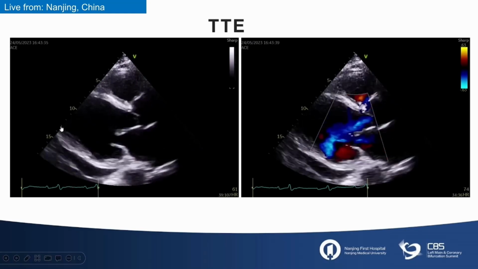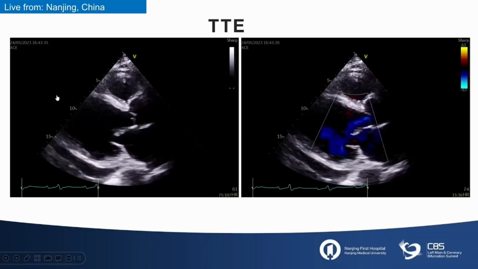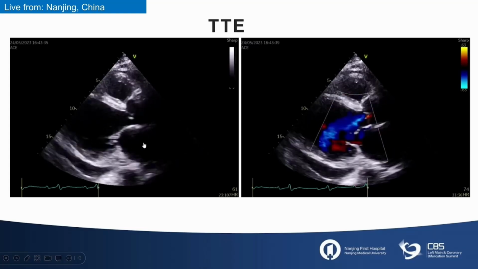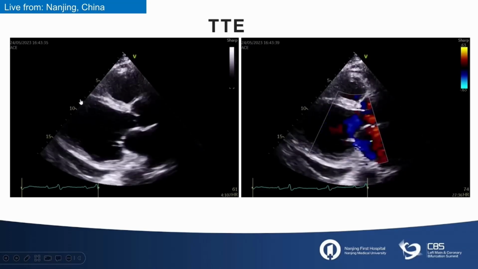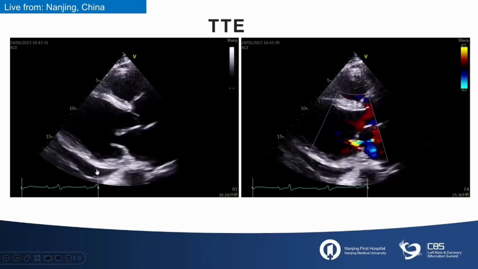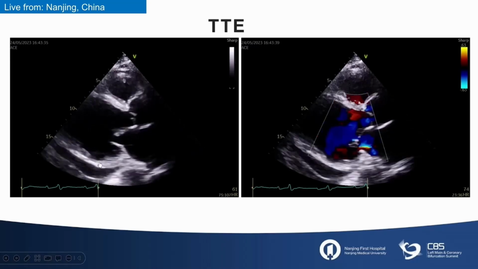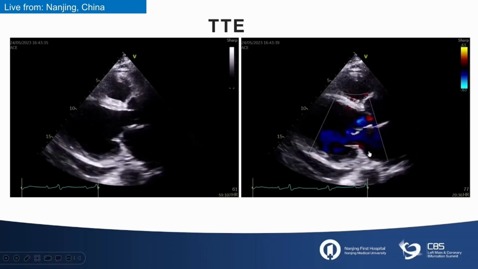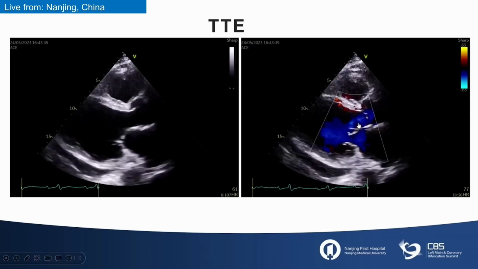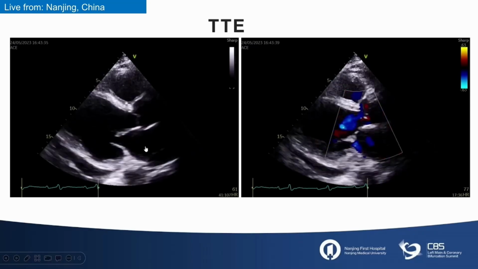From the transthoracic long axis view, we can see the dilated LA and LV, the LV systolic function is decreased, and there is also mild to moderate pericardial effusion. There is mitral regurgitation, at least moderate, and mild to moderate aortic regurgitation.